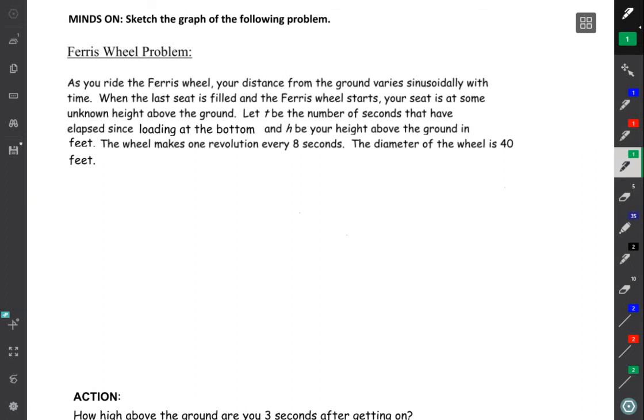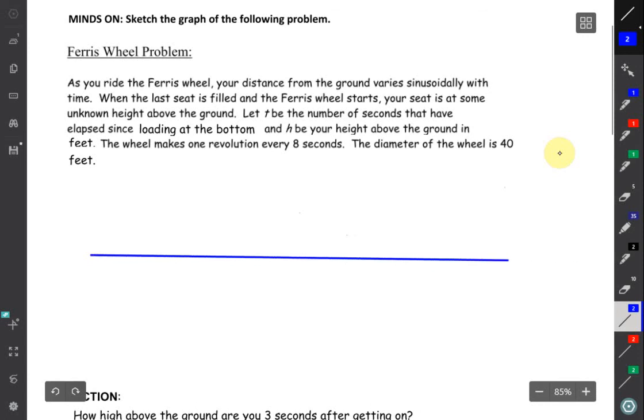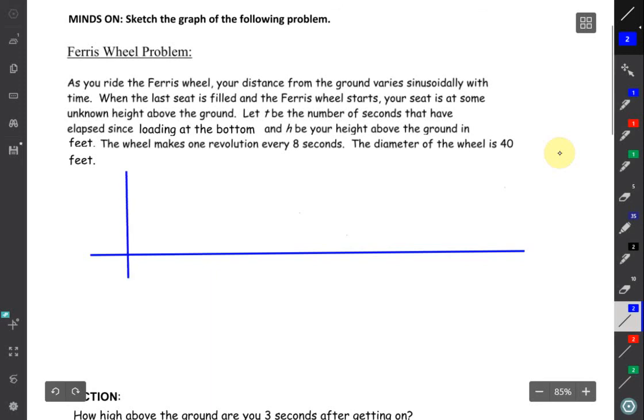And the same thing is true when you stretch this out linearly in a graph: there are 4 key values that we focus on. So we'll make an axis here. And we want to start sorting out our key values.